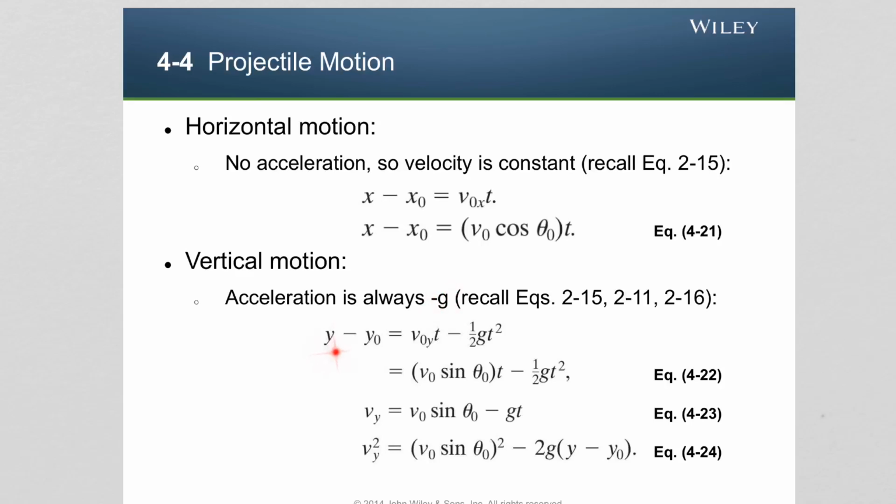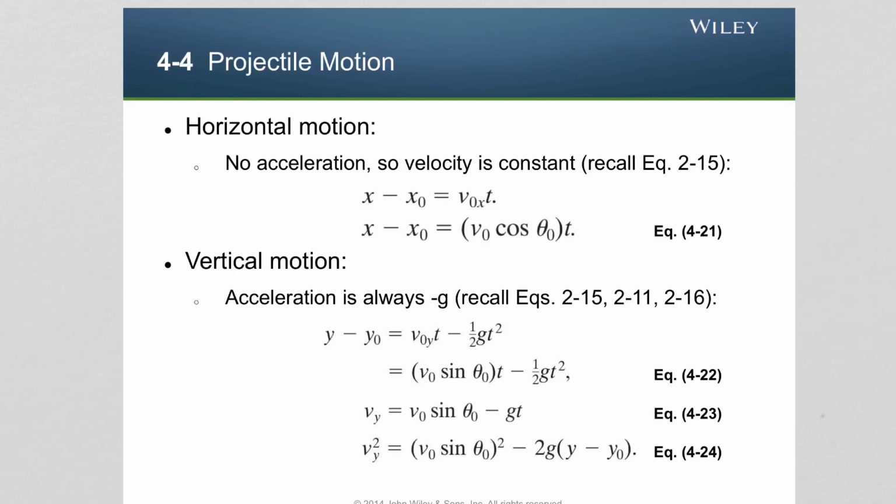For the vertical displacement, we have v0y times t minus 1/2 gt squared, or if I substitute v0y with its relationship to the initial velocity v0, that is v0 sine of theta times t minus 1/2 gt squared.